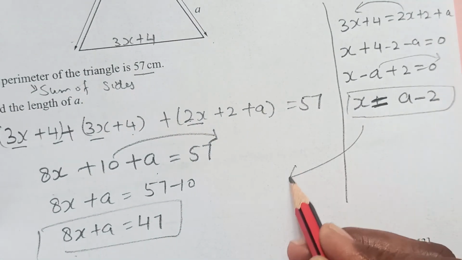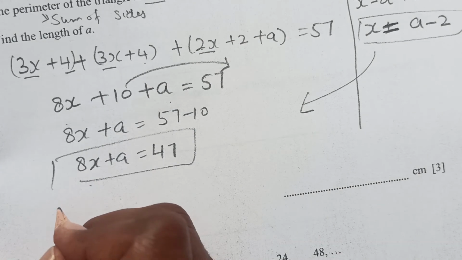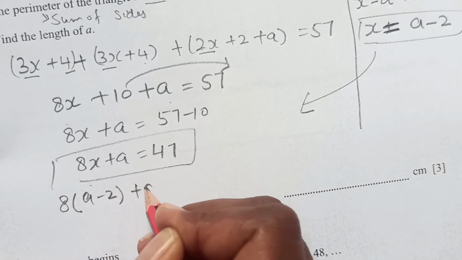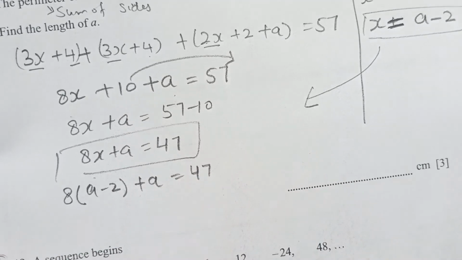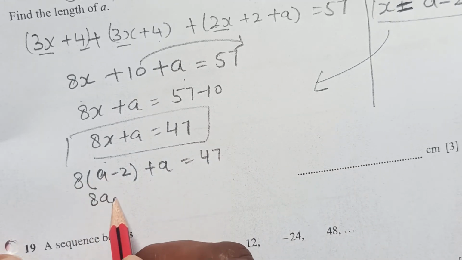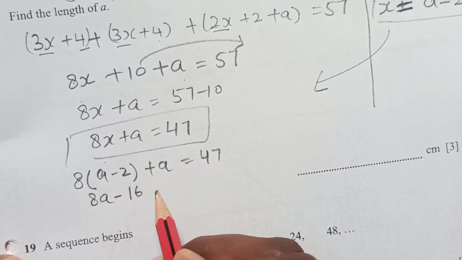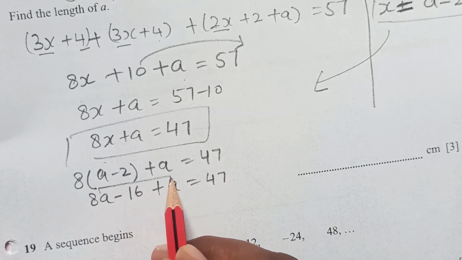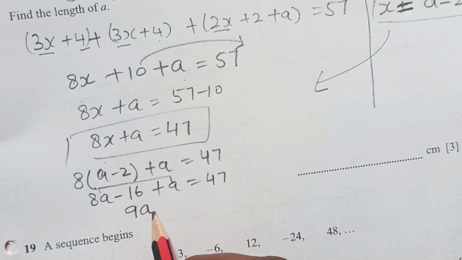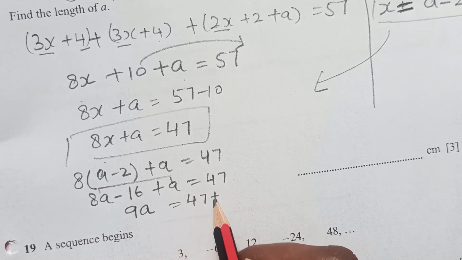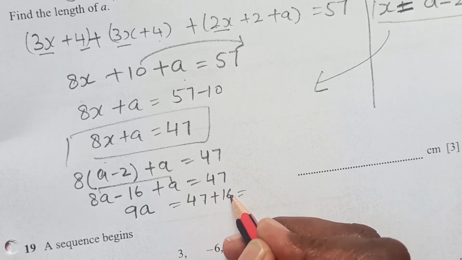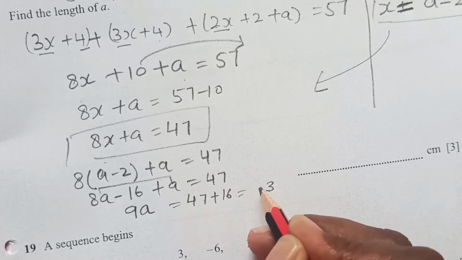Now let's substitute this value here. So 8 times x, which is a minus 2 now, plus a equals to 47. Now 8a minus 16, just open the brackets, plus a equals to 47. 8a plus a is 9a equals to 47 plus 16, which is 63, right?